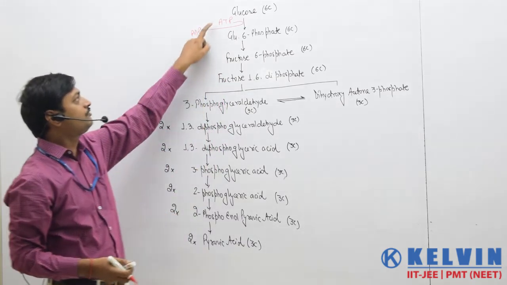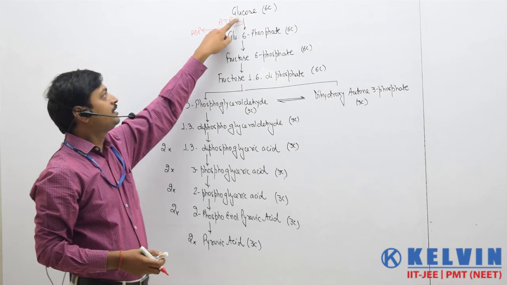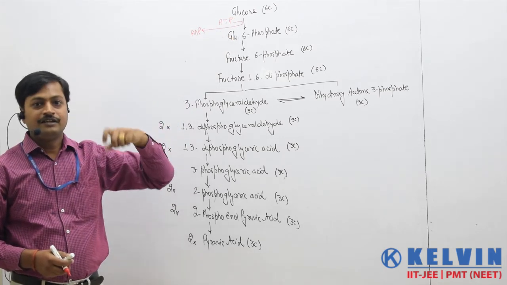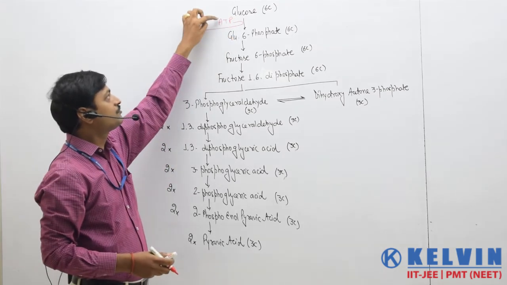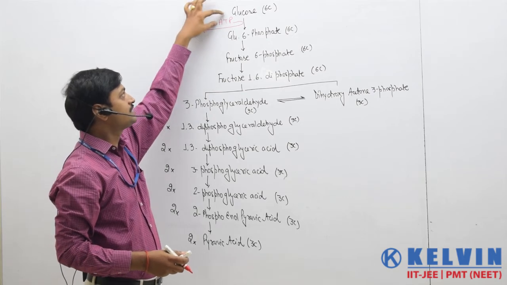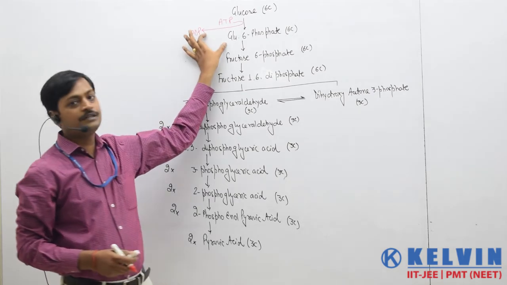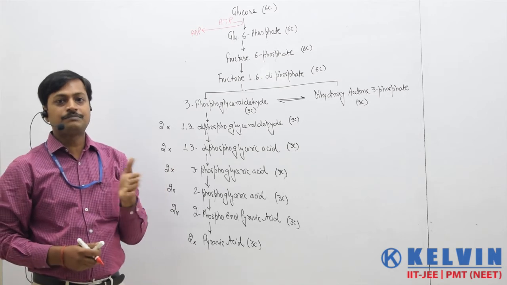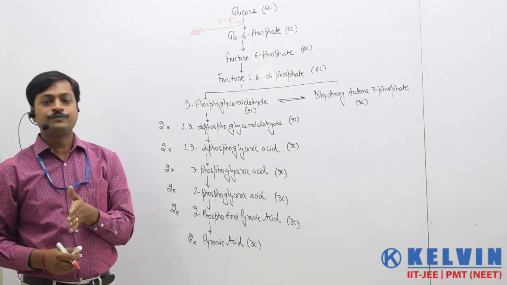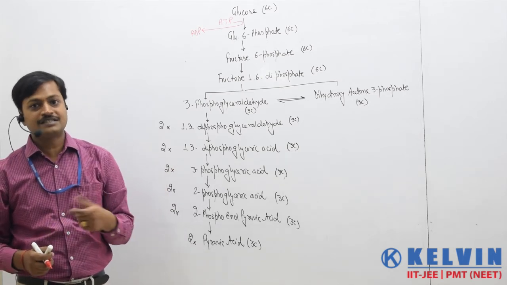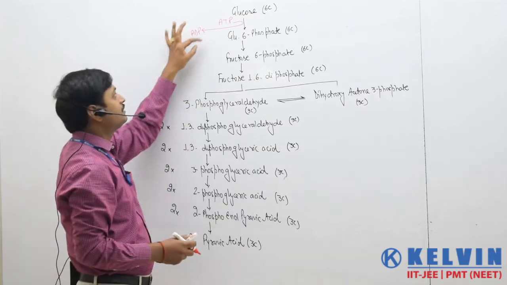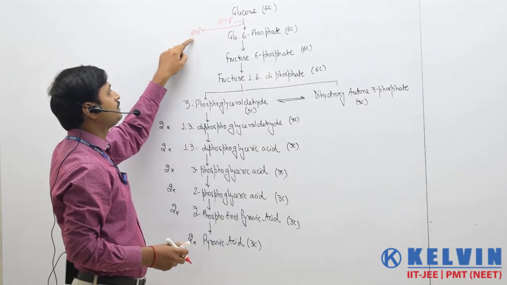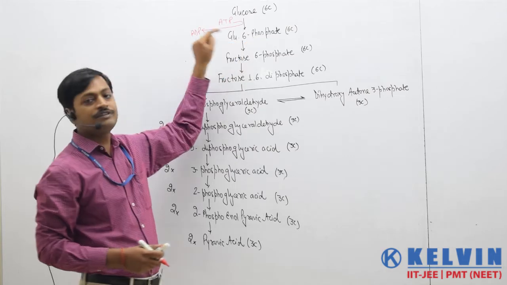So 1 phosphate from ATP is added to glucose and the compound will be glucose 6-phosphate. If we simplify the reaction, we write glucose plus ATP equals glucose 6-phosphate plus ADP.